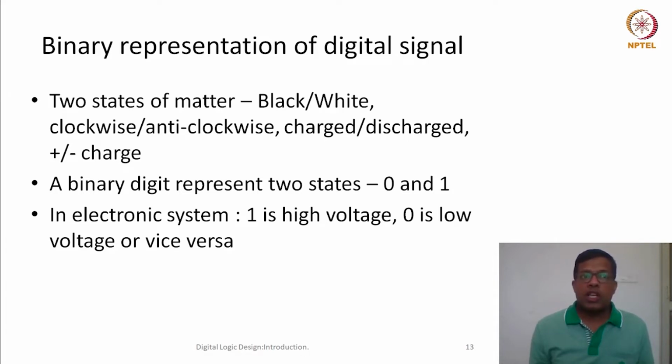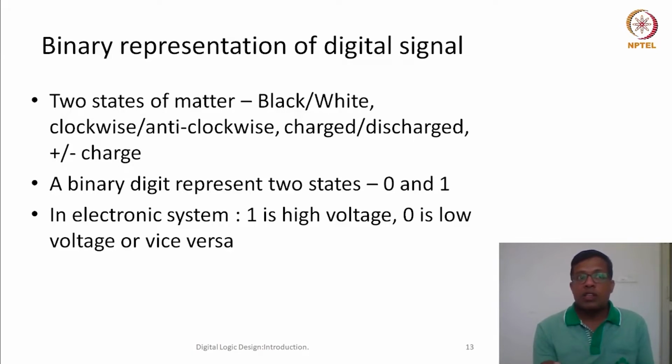So this two-state classification is the easiest thing to do, and we can broadly classify anything into two classes. From there, if we can represent all of these as two states, we can call it binary.